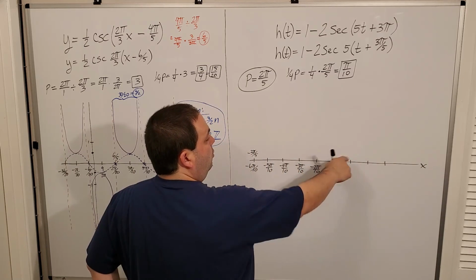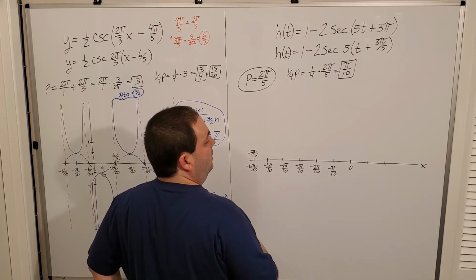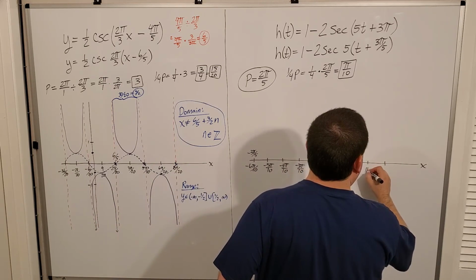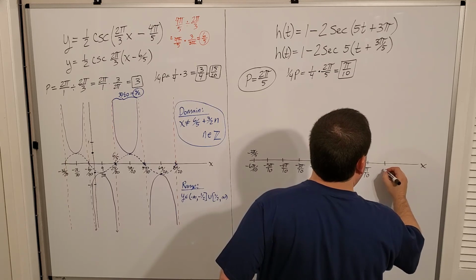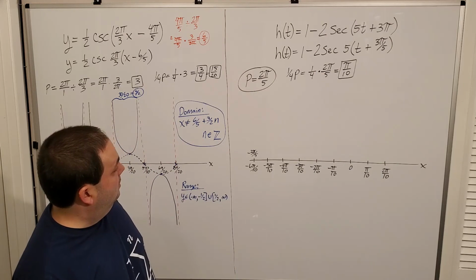Hey, that's cool. We're going to hit 0, right? Because I add pi over 10. Then I add it again, I'll get pi over 10 and 2 pi over 10. Okie dokie.